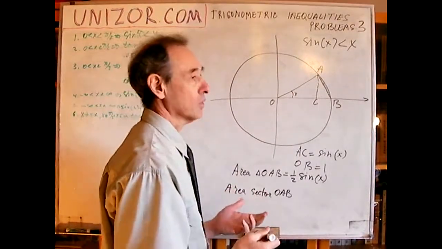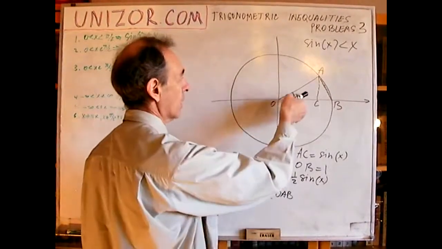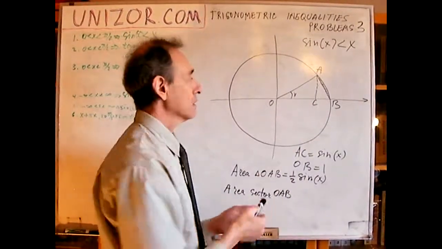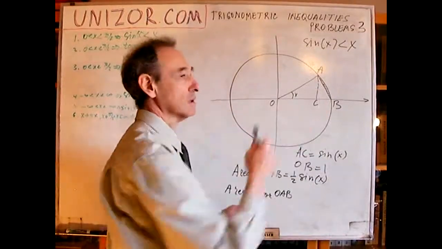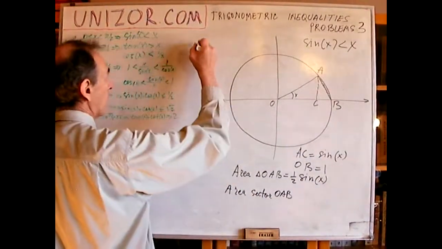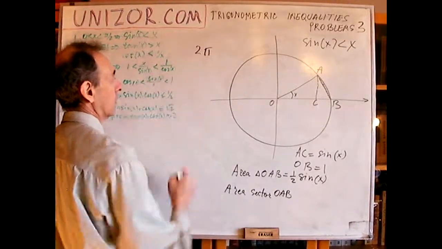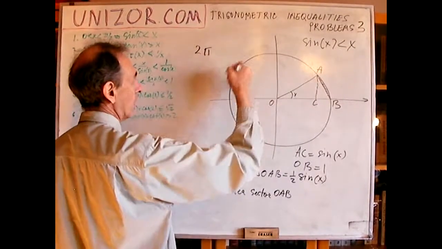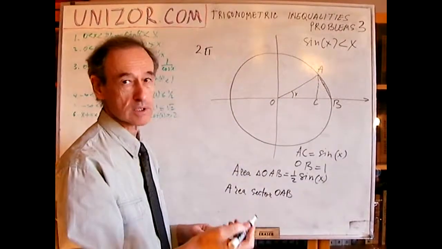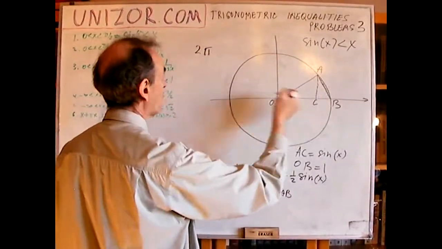Now, what is the area of this sector? Well, we know that the area of this sector is proportional to the angle, right? So the total angle in radians is equal to 2 pi, and the total area of the circle is equal to pi r squared, right? Now r is equal to 1, so it's pi.